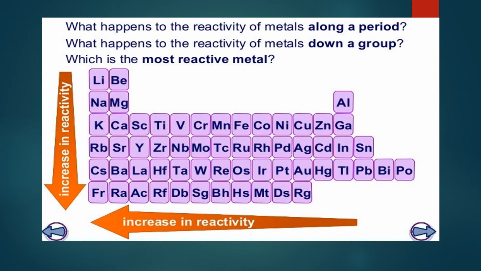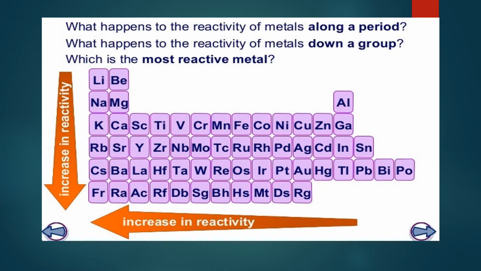To compare, aluminum has less reactivity than sodium. The same thing applies with the rest of the periods, the same pattern. If the direction is from right to left, there will be greater reactivity, or an increase in reactivity.